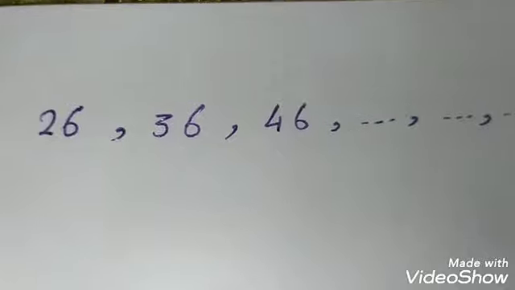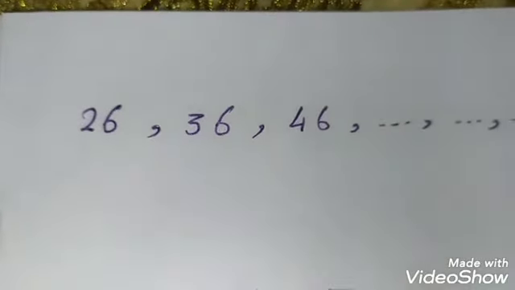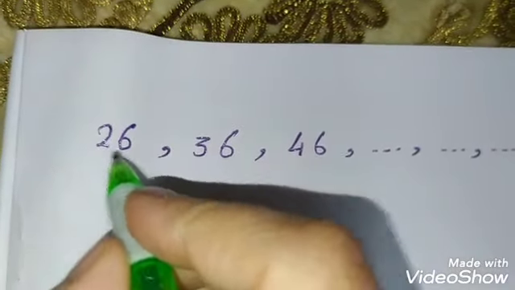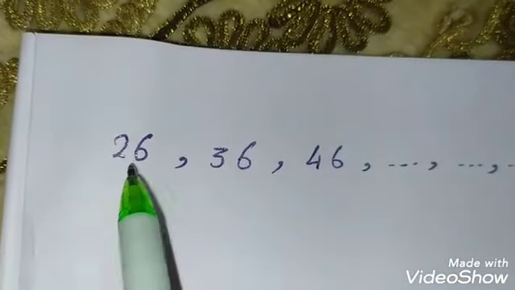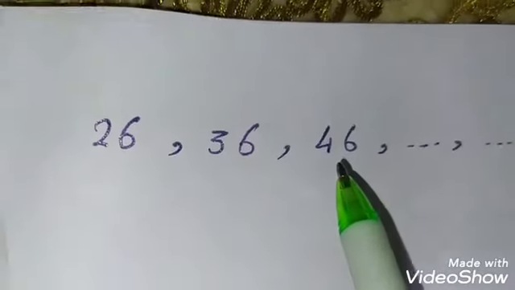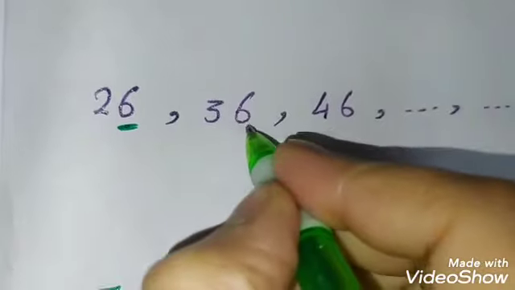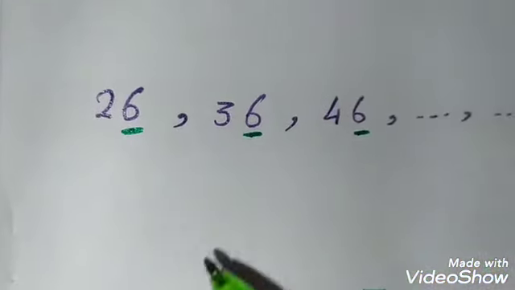Another pattern, and I want you to determine this rule, or guess what this rule is. Look here with me. This is a 2-digit number, and also a 2-digit number, and a 2-digit number. 26, and then 36, and then 46. Look carefully. You will find out that there is no change in the ones digit. 6, 6, 6. They all are 6.